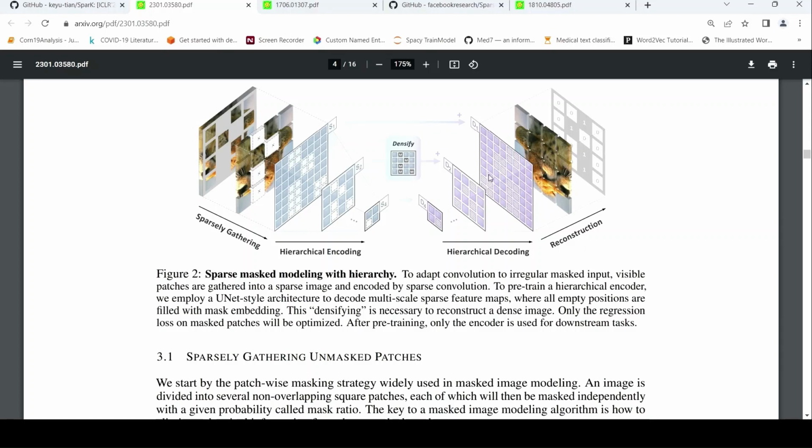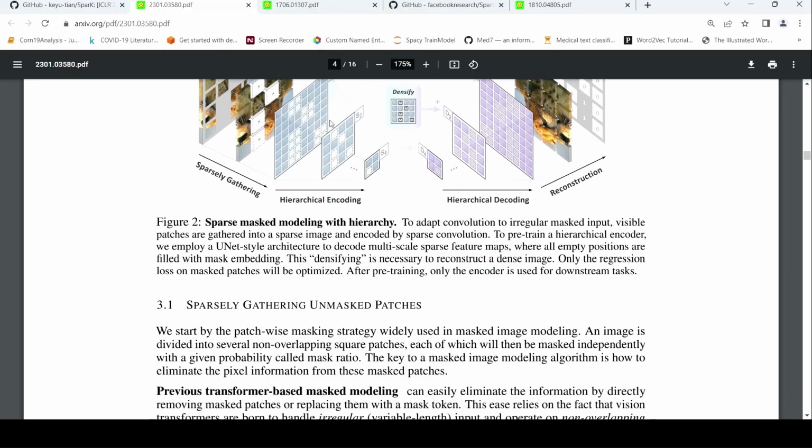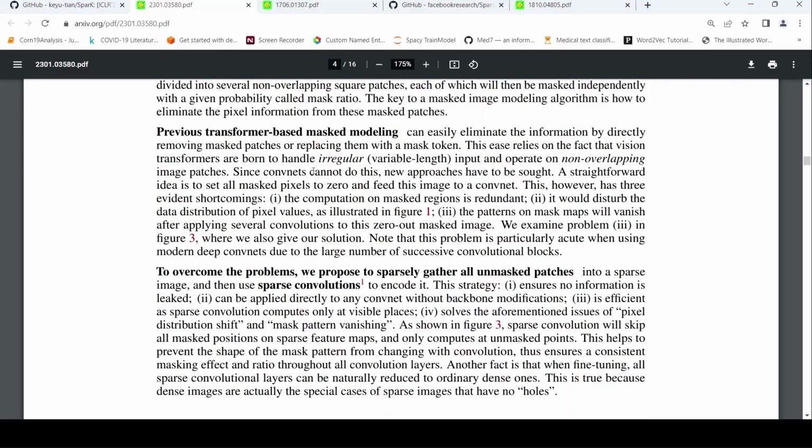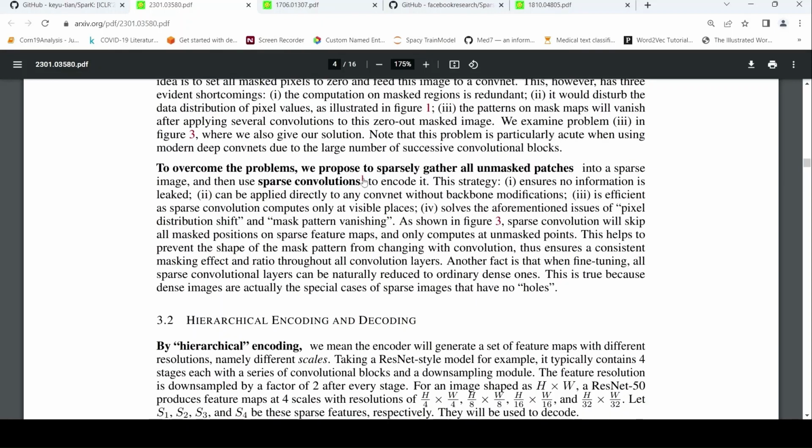In this way they can pre-train a network for generating image embeddings, or features basically. This is again an explanation of why transformer-based masked modeling cannot be used here, so to overcome this they use sparse convolutions.